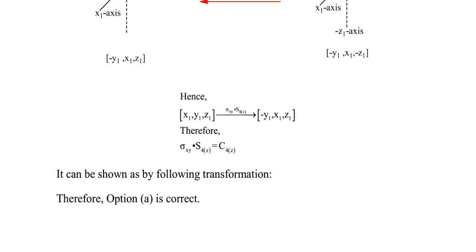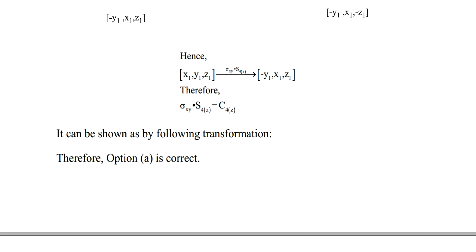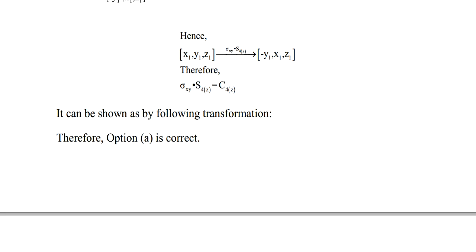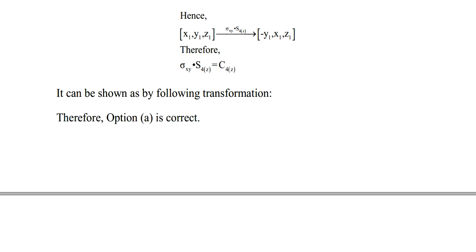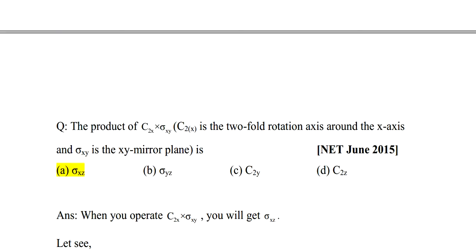Hence we can say that x1, y1, z1, by operating the sigma xy plane into S4Z, will give minus y1, x1, z1. Therefore, sigma xy into S4 along the z axis will give C4z. It can be shown as the following transform. Therefore, option A is the correct option, right?